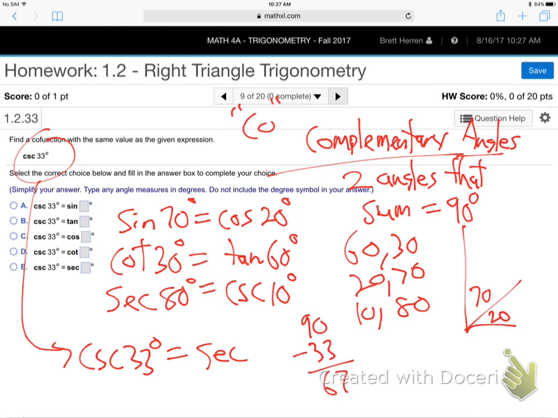No, 57. So secant of 57. You want to choose this option here and put in 57 degrees. Did that make sense? That's what they mean by the co, no co in the 6 trig functions. Complementary angles, when you switch the co option.